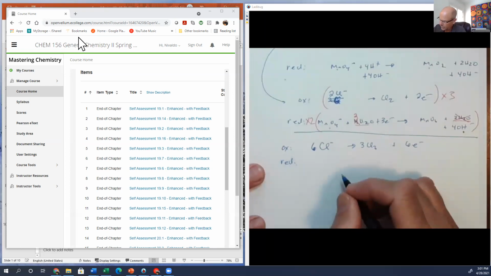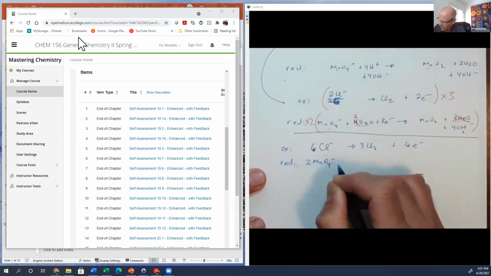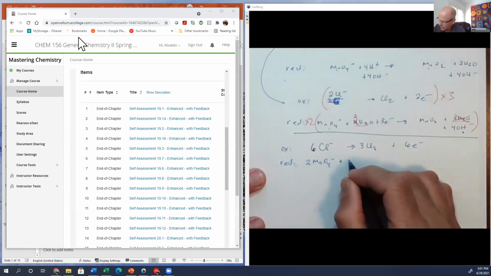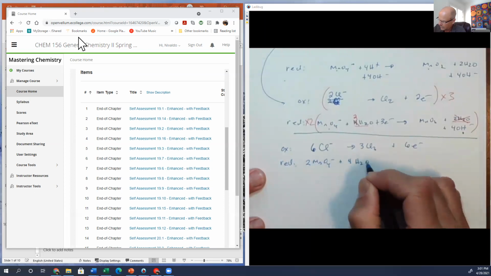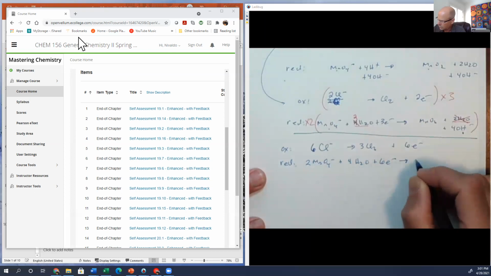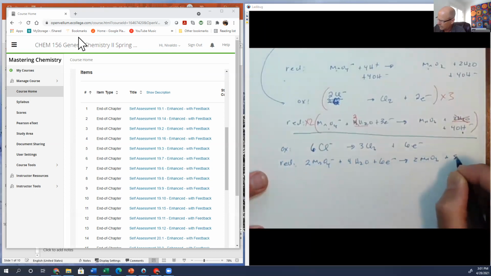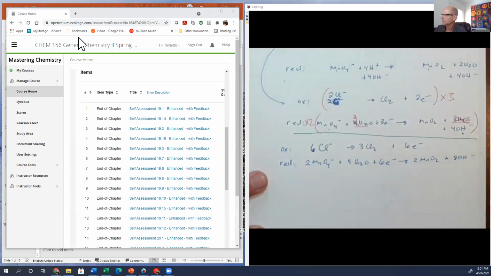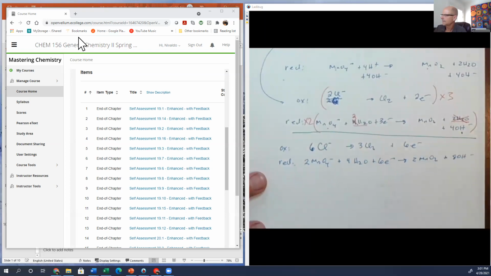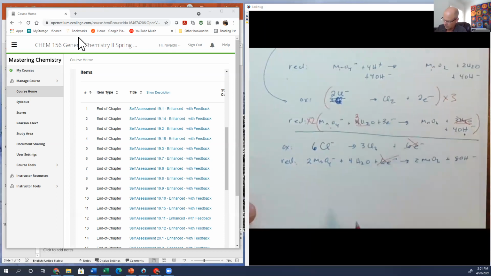For my reduction, I'm going to get 2 MnO4 minus plus 4 H2O plus 6 electrons goes to 2 MnO2 plus 8 OH minus. Okay, and then notice what happens here. My 6 electrons cancel, right?